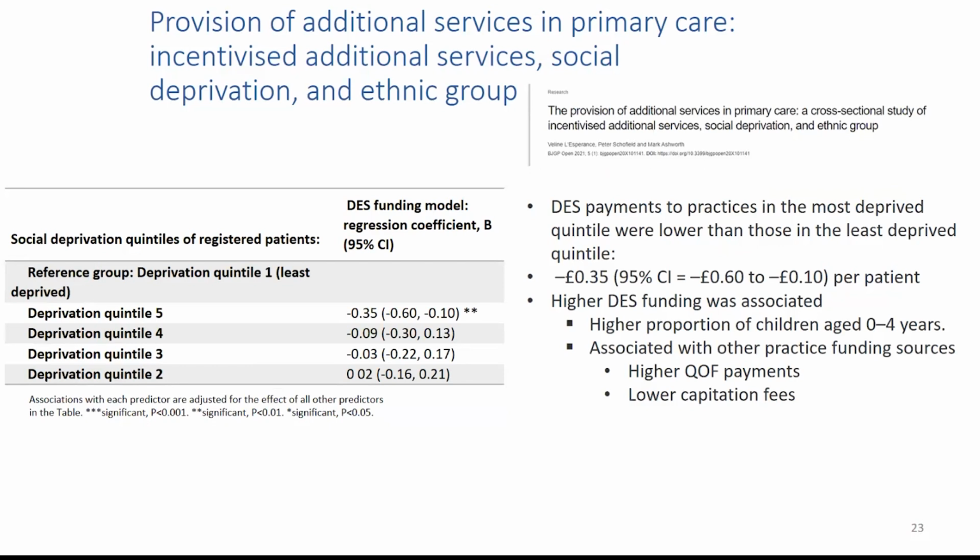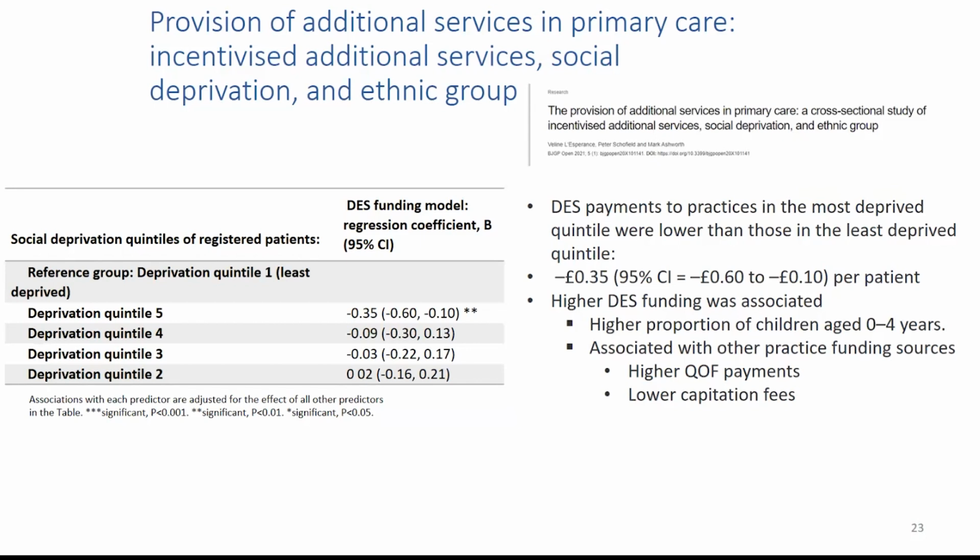So here we see that in the most deprived quintiles, they received about 35p per patient less compared to more affluent areas.